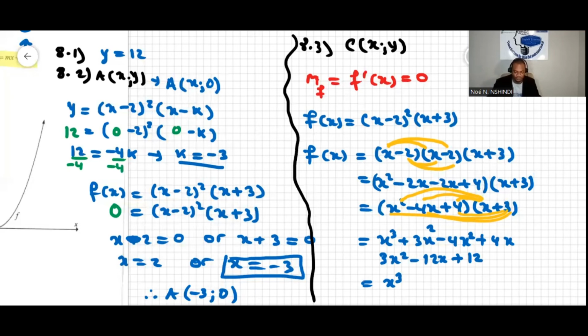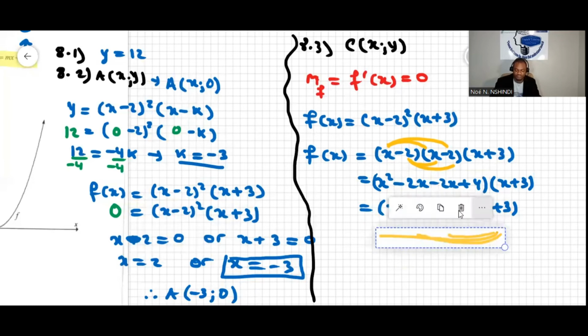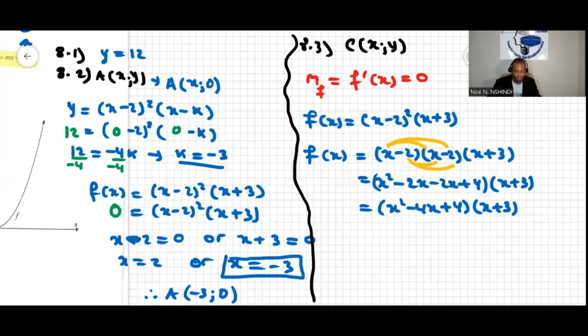To avoid confusion, I prefer to go over it a little bit. Now we will do x squared times x, and then x squared times 3.